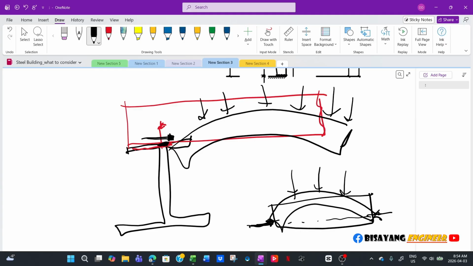So that's downward. So at the end, it will counter each other. So it's even more efficient for purlins with regards to resisting the gravity loads, because the lateral load will bend the purlins upward, and then it will be countered by the gravity load. So that's even better in that scenario.